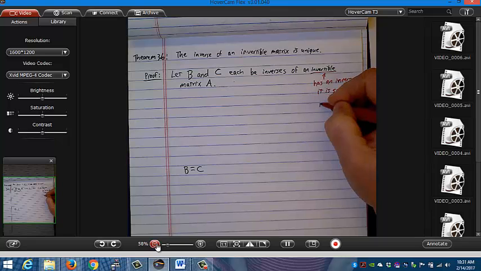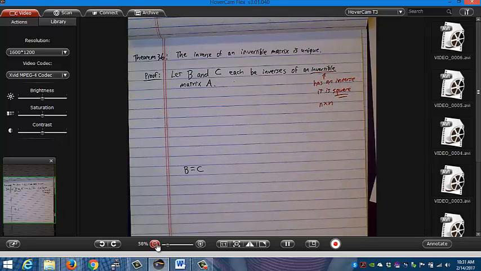Let's say n by n, okay? Because if you have a rectangular matrix, we don't really have a well-defined inverse for that. Some people have tried to define it, but it's not the usual thing. Usually if we say invertible, we're talking about square matrices, okay?